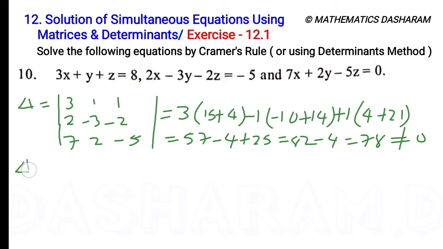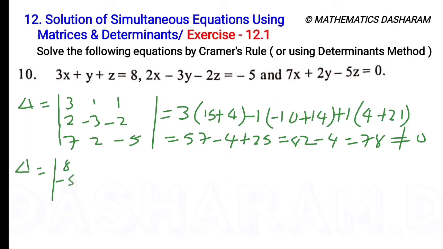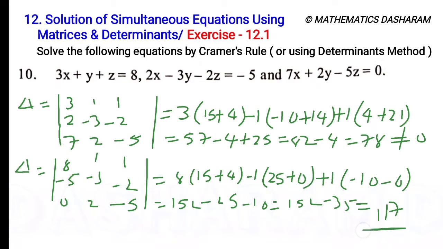Next, delta 1 equals: replace the first column with constant numbers 8, minus 5 and 0. Let's find its determinant. Delta 1 equals 117.